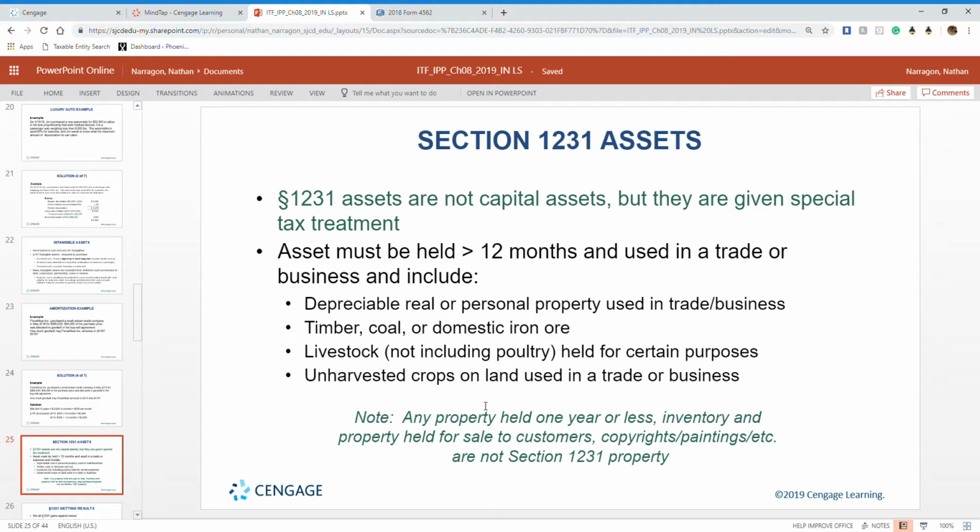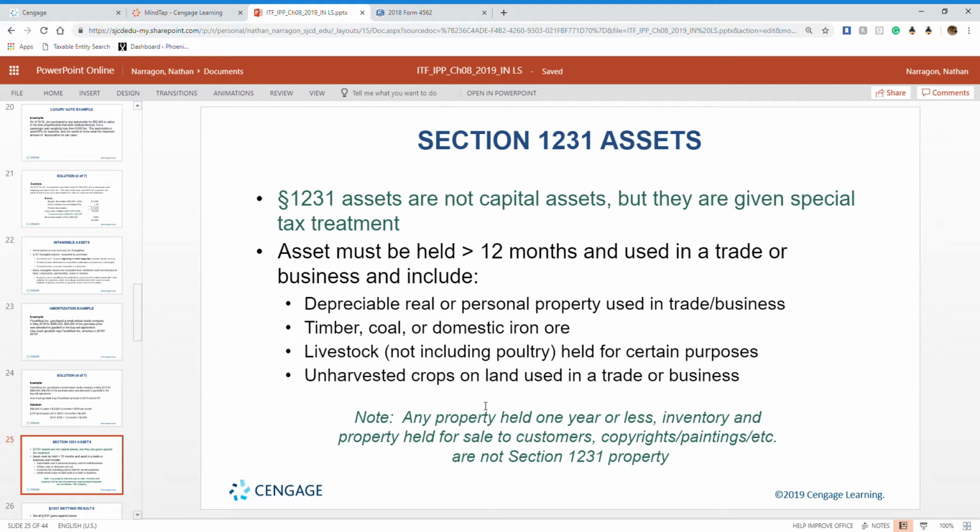Now, Section 1231 assets are non-capital assets, and they get more favorable tax treatment. This is really not a capital asset. It's not something like a building or any fixed asset. These are assets used more in minerals, we can say.